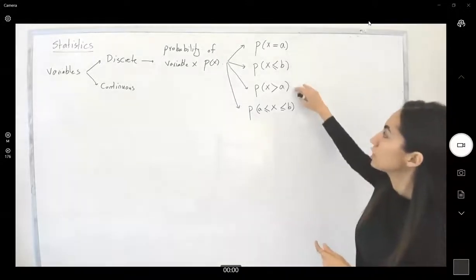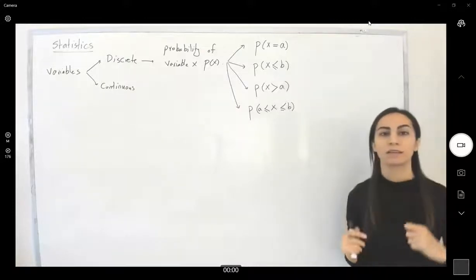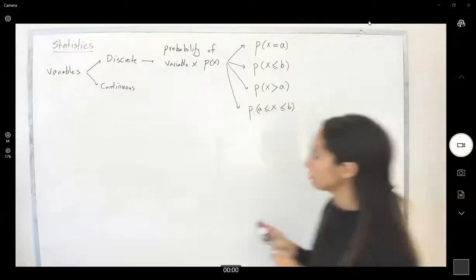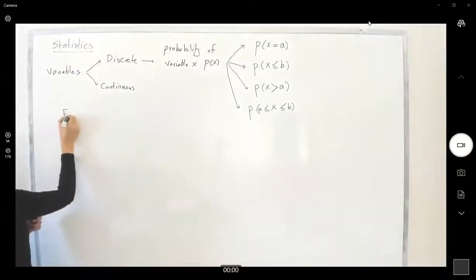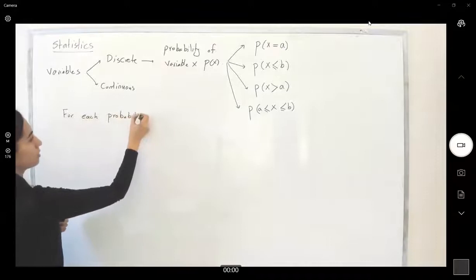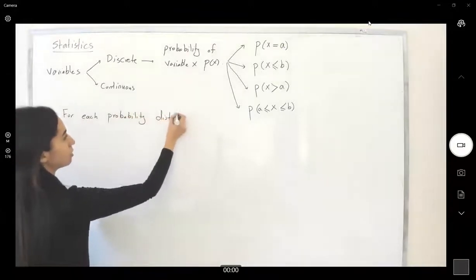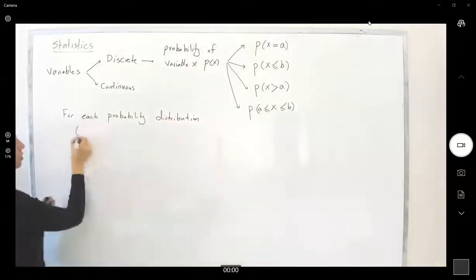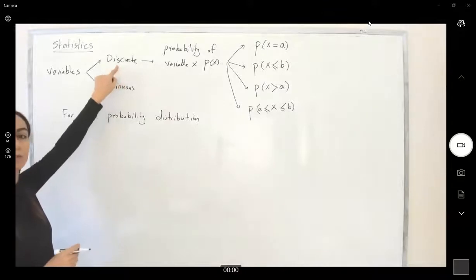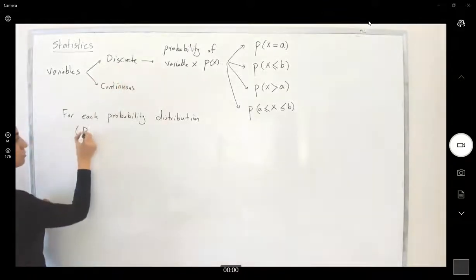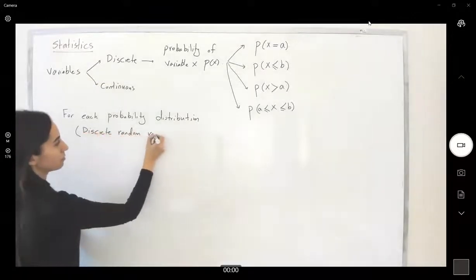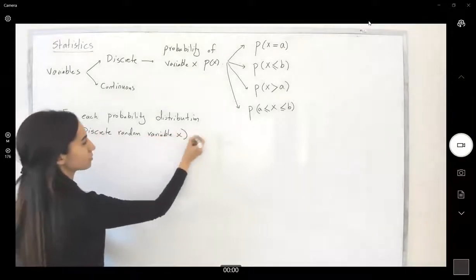To find each of these probabilities, let us take a look at a probability distribution graph and try to analyze this. When you're talking about a probability distribution, in this case, you're focusing on discrete random variable x.